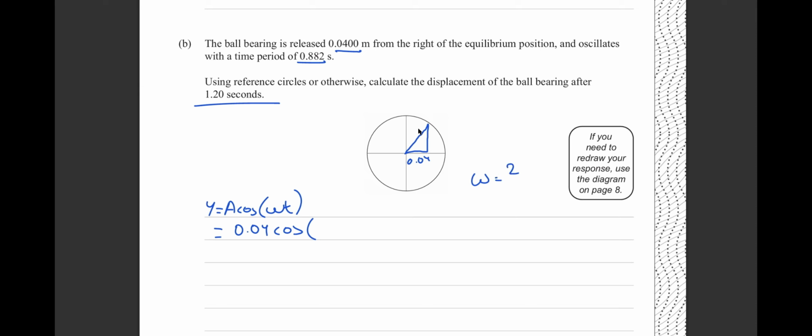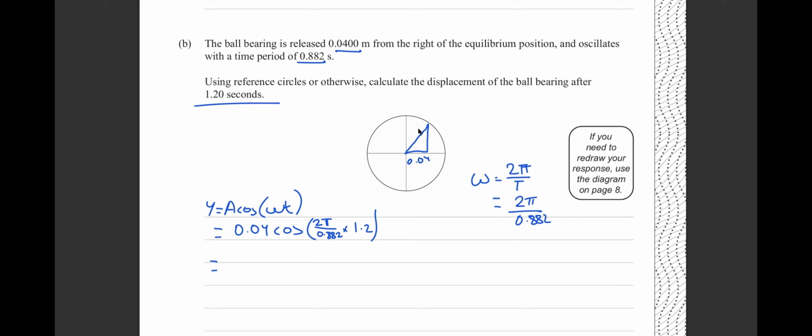We know omega is just 2 pi over the time period, which is 2 pi over 0.882, times t. t is just 1.2 seconds.